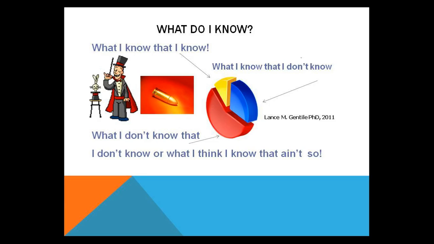What I know for sure represents this little piece of the pie. What I know that I don't know is represented by that blue piece of the pie. And what I don't know that I don't know, or what I think I know that ain't so, is shaped in that larger red portion.